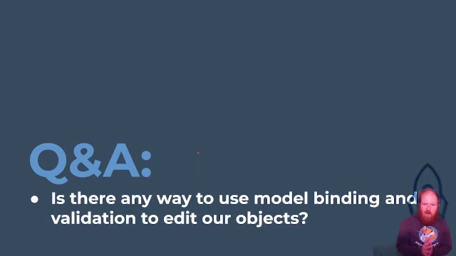Again, I only got one question that I really picked off. Is there any way to use model binding and validation to edit our objects? Trevor did do a good call out. Whenever you're doing the at model attribute, when it's actually binding the model, it's going to call the constructor that it needs, which oftentimes is that empty constructor, and then it uses the set methods to actually set them.